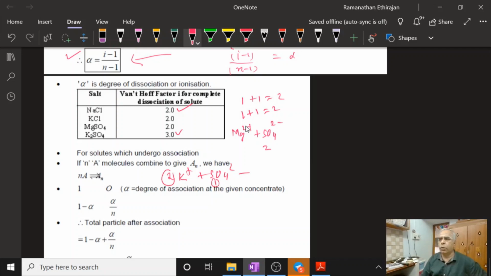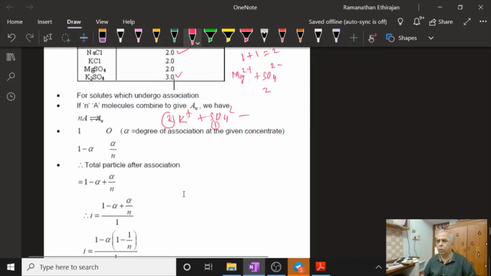And for associated liquids, we have to calculate like this. So n number of A is going to associate to become An. Initially it was 1, and there was no product initially. Then after certain time, 1 minus alpha is the remaining number of moles, and here alpha by n. So total particles after association means 1 minus alpha plus alpha by n.